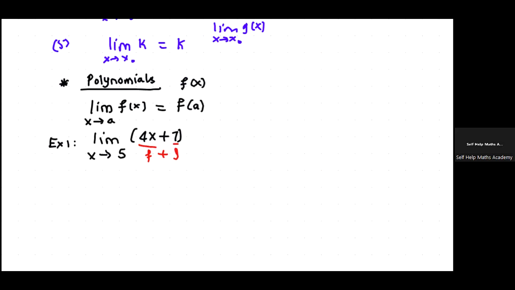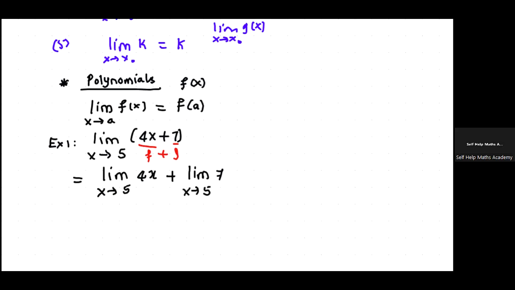This is equal to limit of 4x as x approaches 5 plus limit of 7 as x approaches 5, by property number 1.